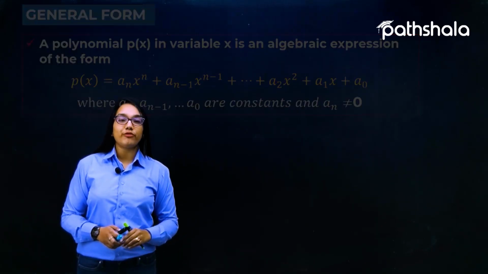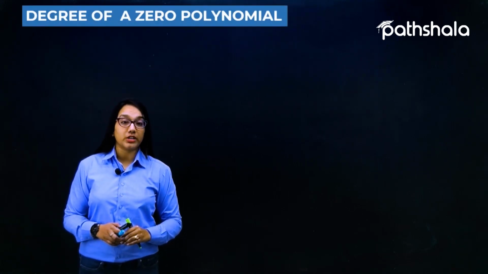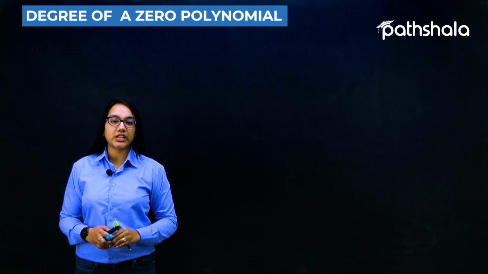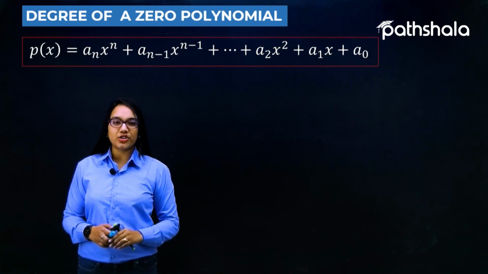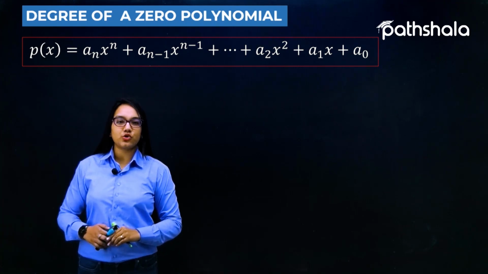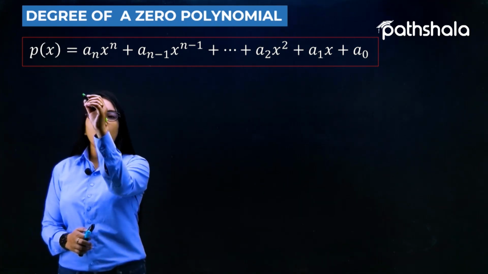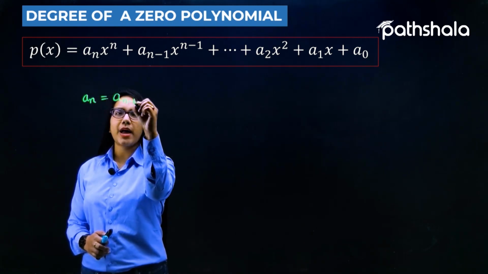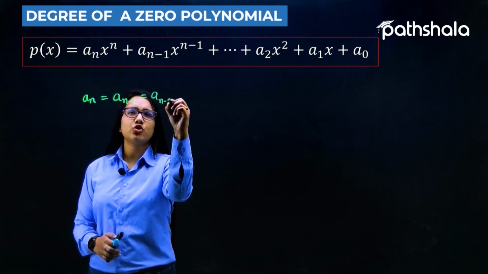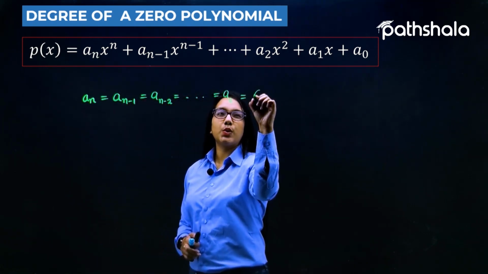Now let's move on to the degree of a zero polynomial. As we have discussed, the journal form of the polynomial is an x^n + an-1 x^(n-1) and so on. Let us suppose all the constants an, an-1, an-2 are equal to each other and equal to 0.